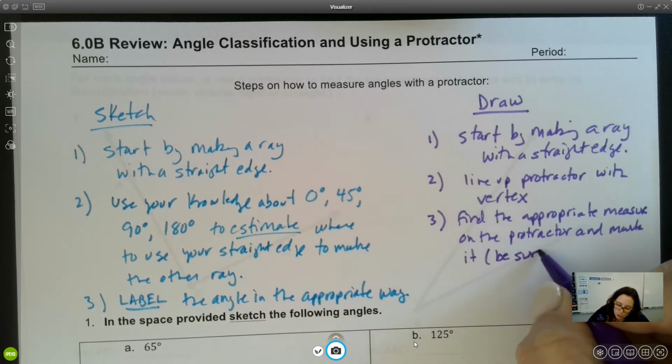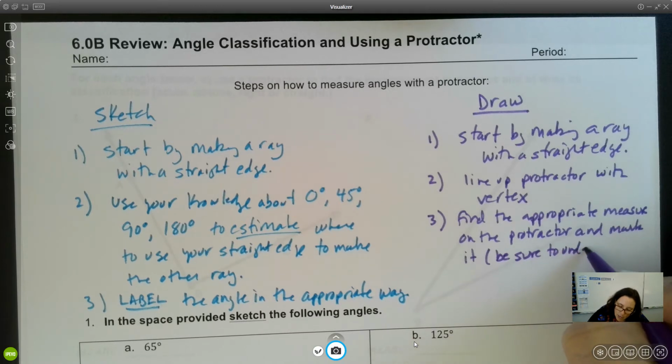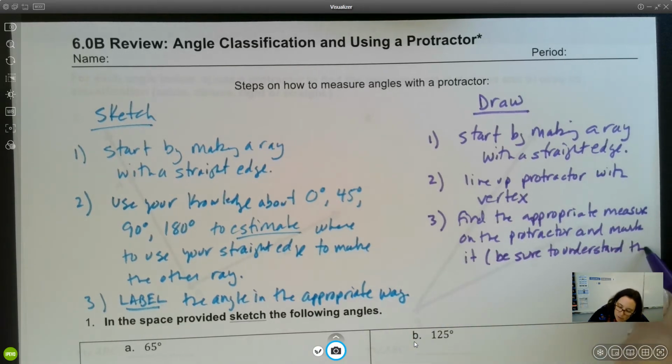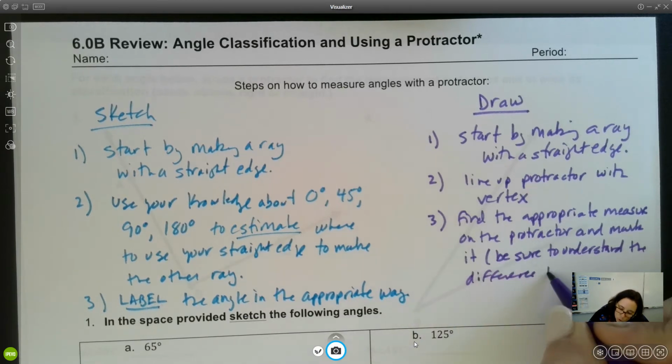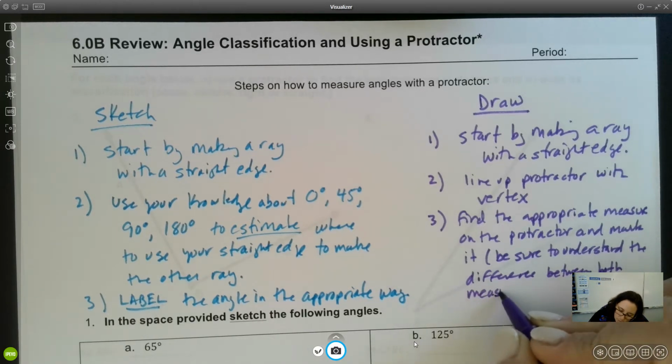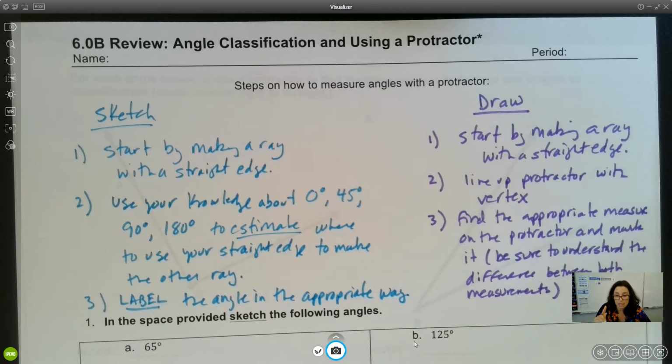Be sure to understand the difference between both measurements. And again, I'll explain that when we get down to number 2.